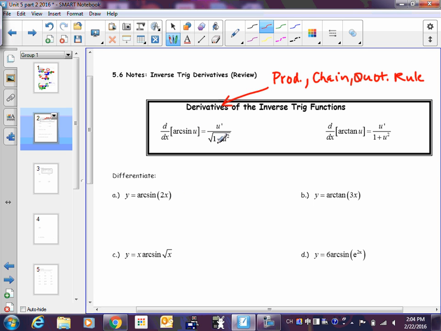Okay, now there are two formulas here. Okay, one for arcsine and one for arctan. Okay, if you're like, why do we have to do this? Here's another thought. We could also be learning arcsecant, arccosine, arccosecant, and arccotangent. But we're not. We're going to use the two that we need to know this year and the two that we would need to know if we were taking calculus beyond this.